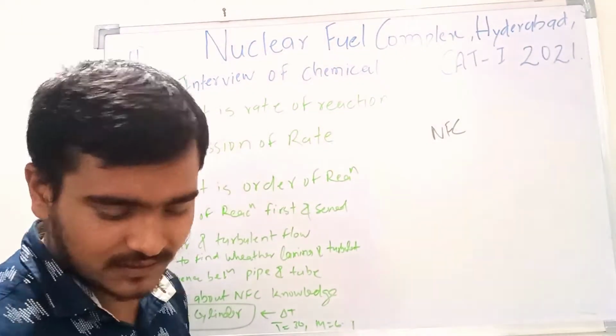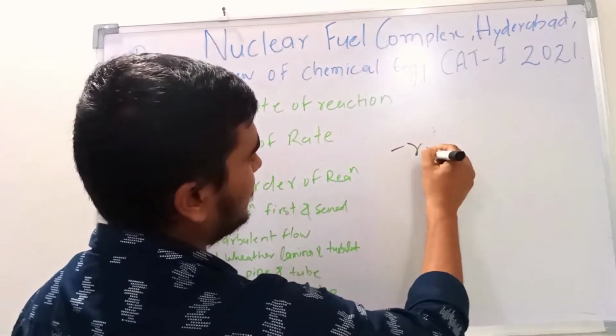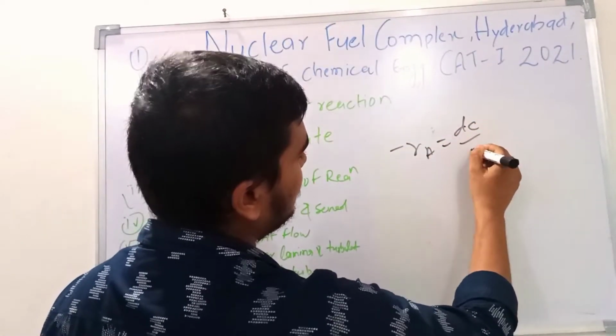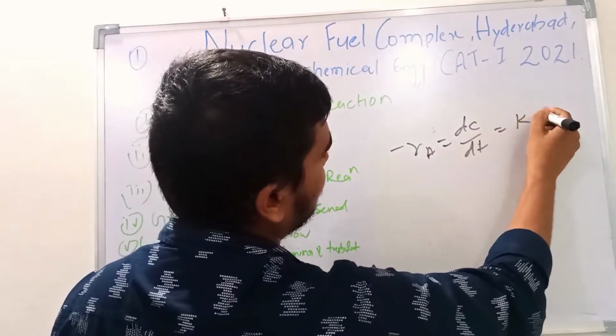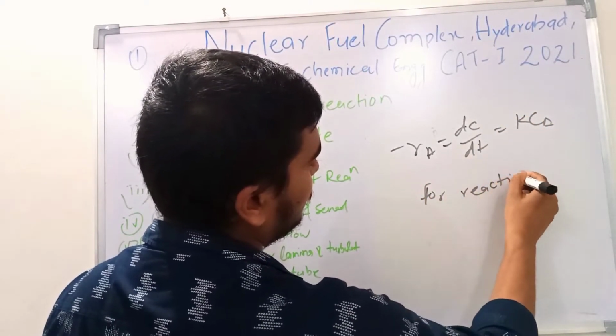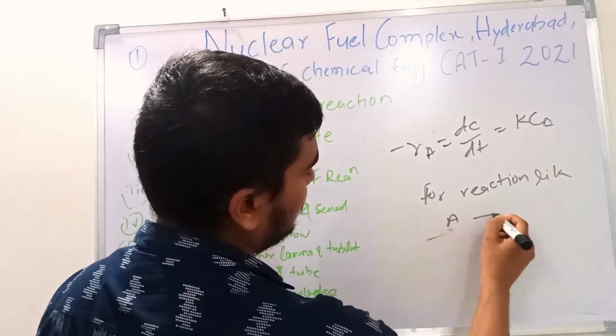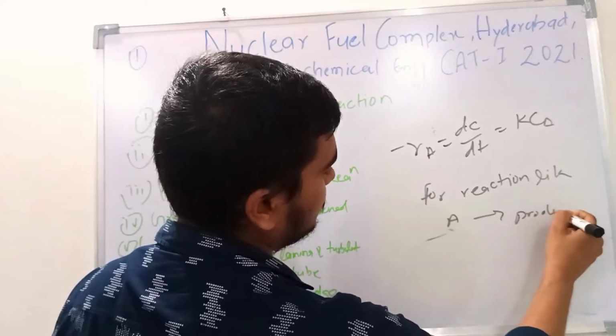Basically, the rate of reaction is -r_A = -dC_A/dt = kC_A, for a reaction where the reactant tends to product.